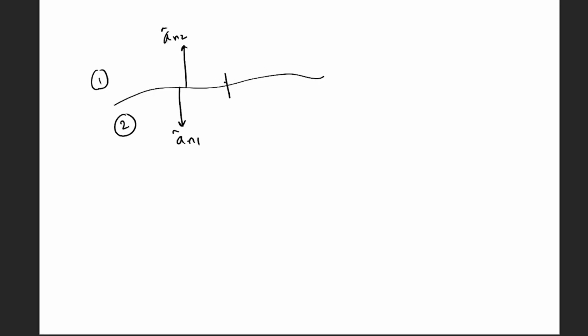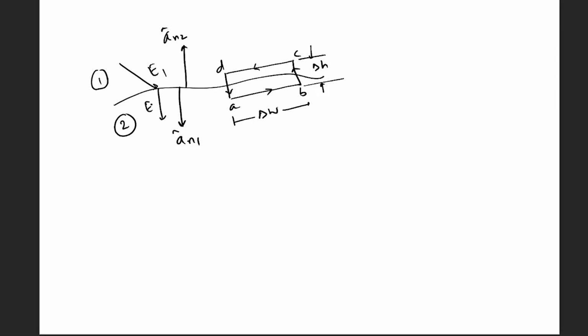For that we will use the conservative property of the electric field intensity. So we will make a loop A, B, C, D, A. Let us say this loop has a width delta W and a height delta H. So let us say this is E1 and this is E2.